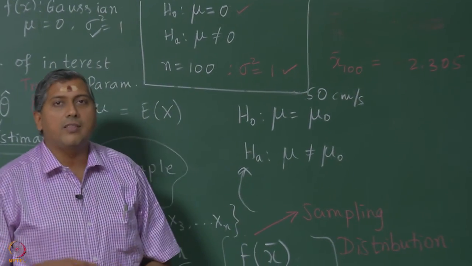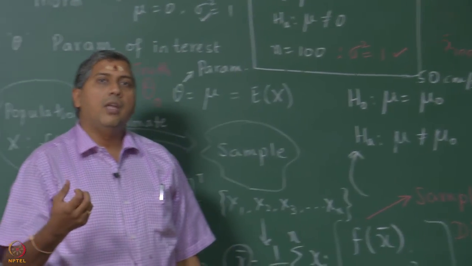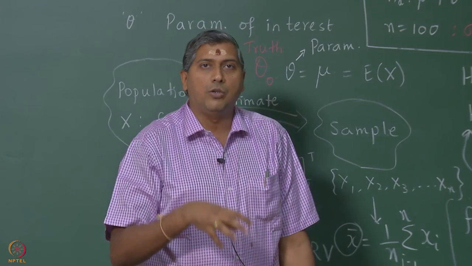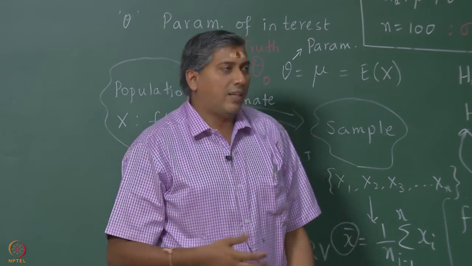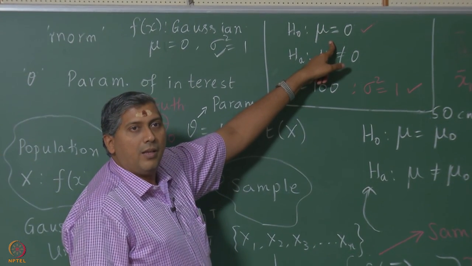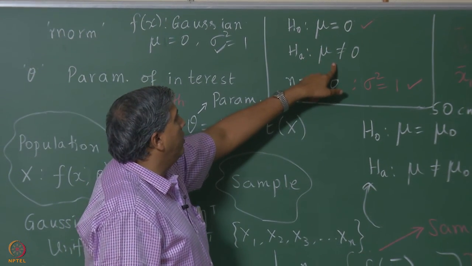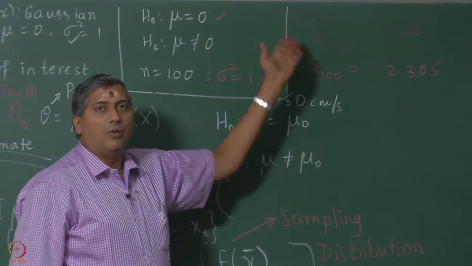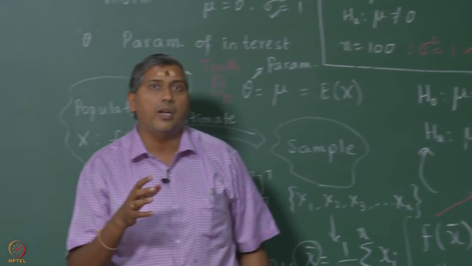So, that is the crux of hypothesis testing, that you will normally hold the null hypothesis being true and then test, and that is why the null hypotheses are typically of equality types. If this was not an equality, then it would have been very difficult to compute the probabilities of x bar or any estimate. That is point number 1.